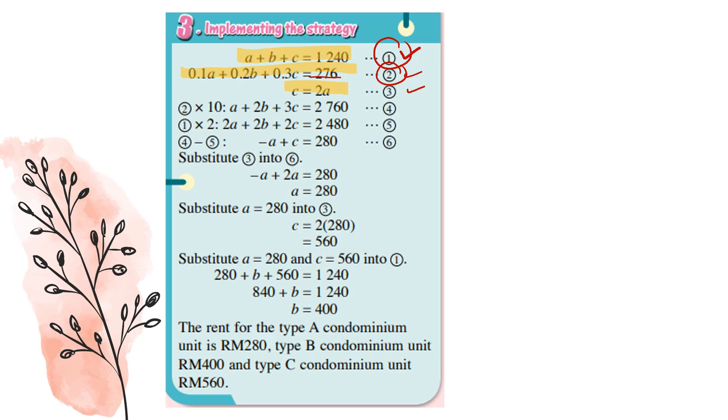So for equation number 2, I multiply by 10 first so that it becomes whole numbers. 0.1 times A, we will get A. Then 0.2 gives 2B plus 3C is equal to 2760. So this is the equation from number 2. Let's say this is equation number 4.